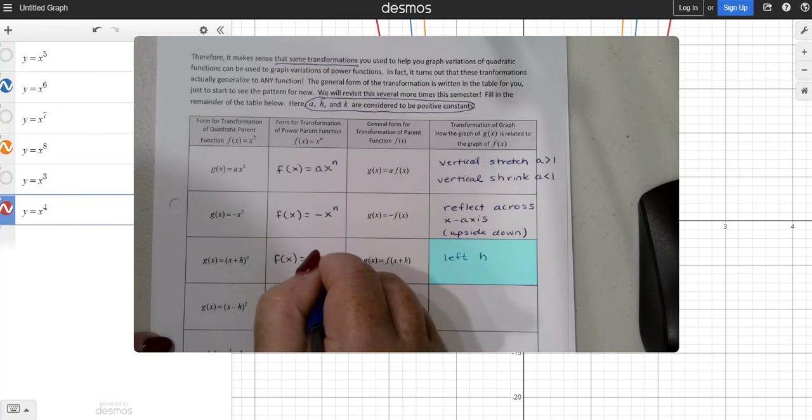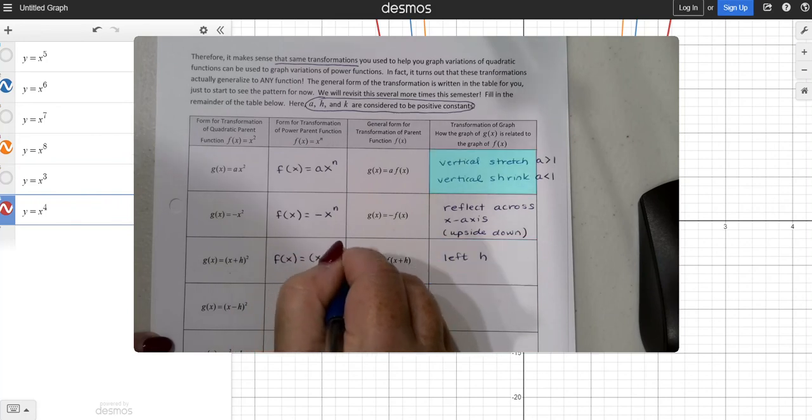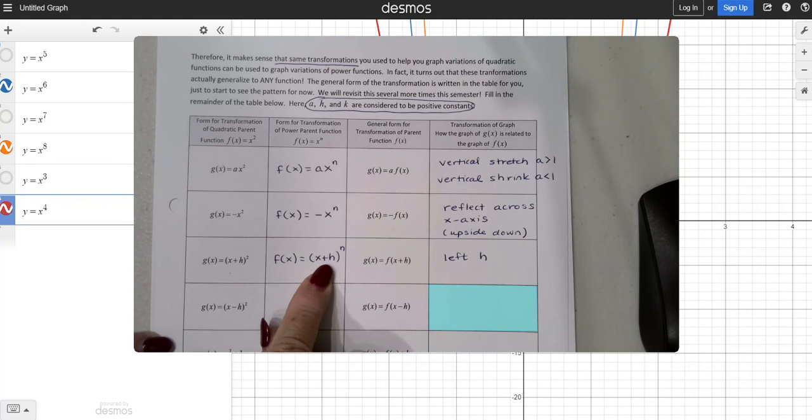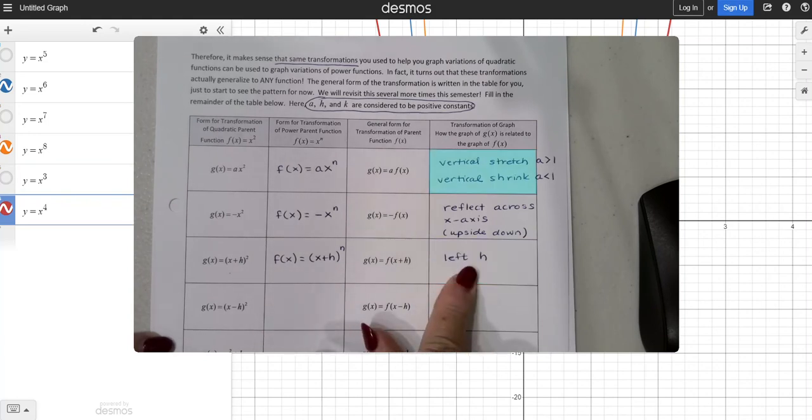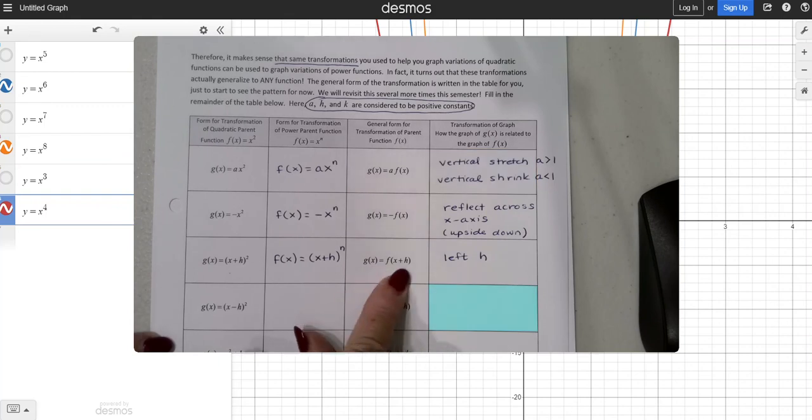So if I have x plus h to the n, which is either the wave or the flattened parabola, it will move that left h units. And again, that actually works for any graph. If you replace x with x plus h, it moves the whole graph left h units.